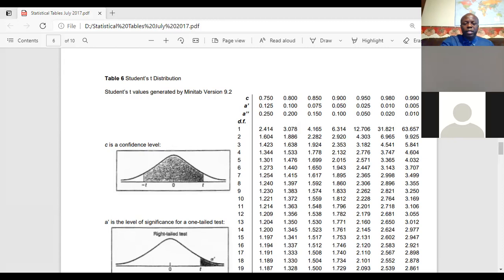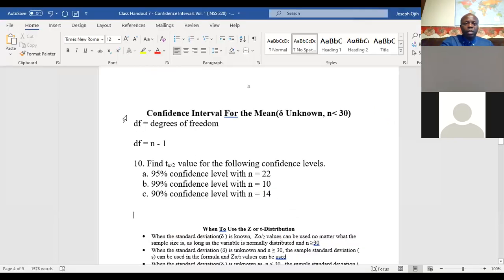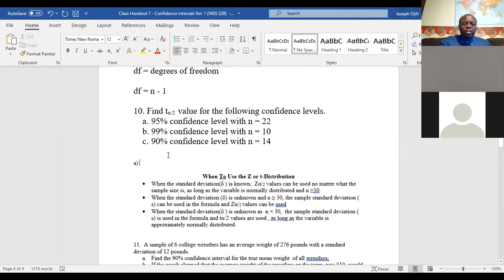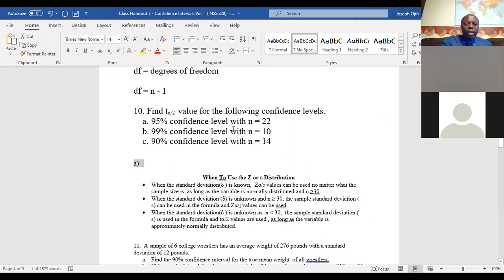The first one says, I'm gonna do this again. It says A. It says 95% confidence. Here, n is 22. So n equals 22.